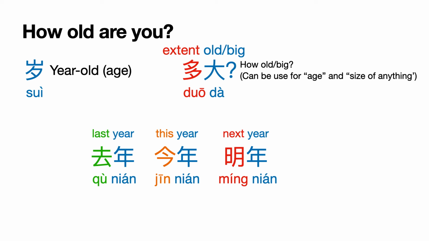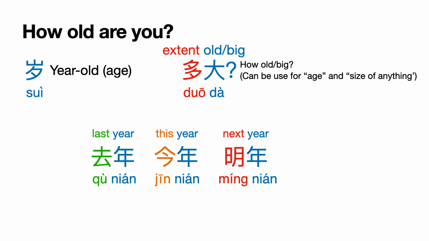Okay, and then below you could see last year, this year, and next year. Last year, 去年, last year.